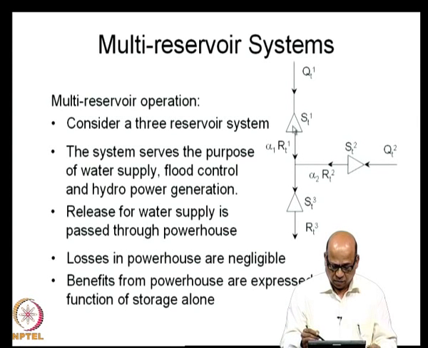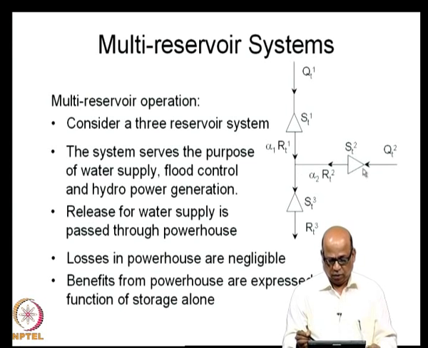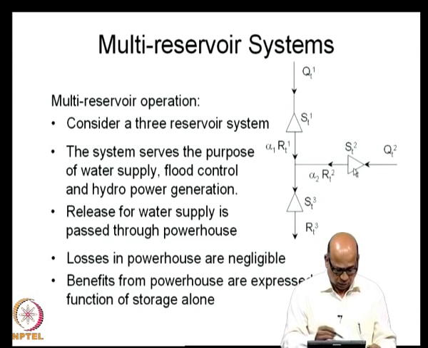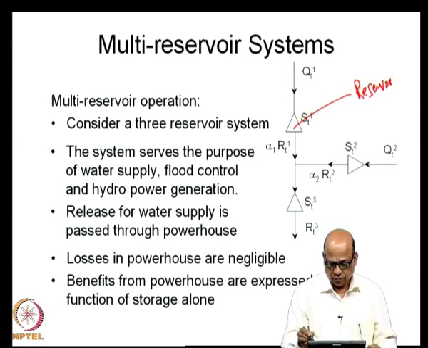We will call them reservoir 1 here and reservoir 3 here, and on the tributary from the side, where another river is joining this main stream, you have another reservoir here. So, this is reservoir 2. We will start with a simple system consisting of 3 reservoirs, 1, 2 and 3.